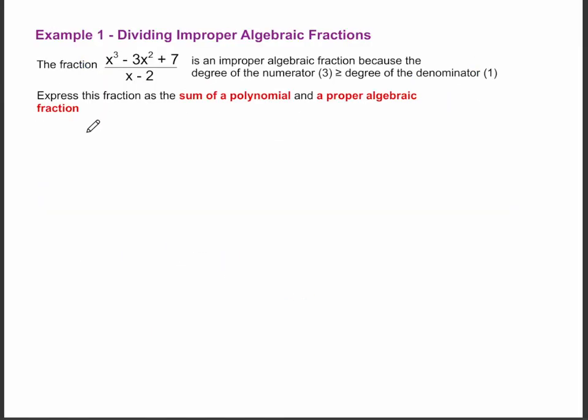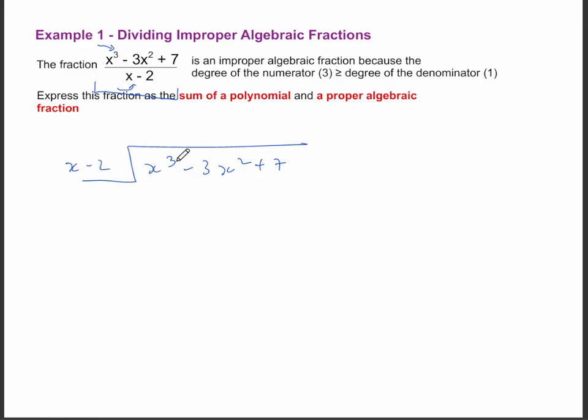And when we have an improper algebraic fraction, like this one right here, because here the degree of the polynomial p of x, the numerator, is 3, while for the denominator the highest power of x is 1, what we can do is divide the long way. So polynomial long division, where we write x cubed minus 3x squared plus 7, and x minus 2 on the outside.